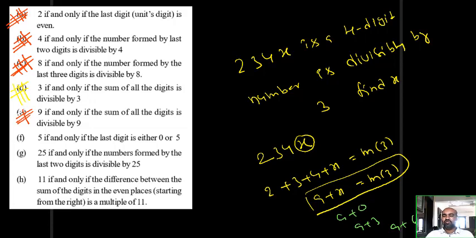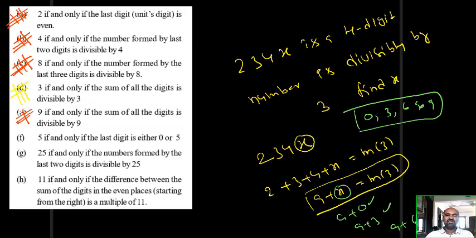What is the meaning of that? X may be 0 or 3 or 6 or 9. Possible x values are 0, 3, 6 and 9. We can't take an x value more than 9. It is a digit, no? Digits are from 0 to 9 only. In this way you can solve some problems.